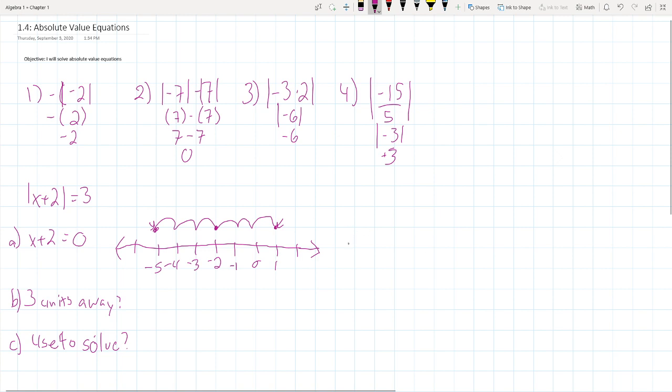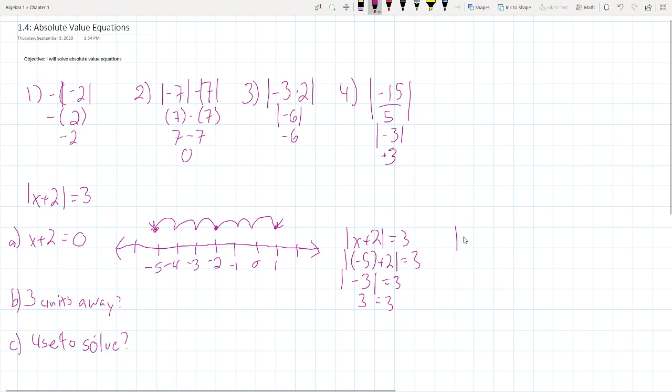So if I have the absolute value of x plus 2 equals 3, and instead of x, I put in negative 5 plus 2, absolute value equals 3. I get the absolute value, negative 5 plus 2 is negative 3, equals 3. And so the absolute value of negative 3 is 3, and 3 equals 3.